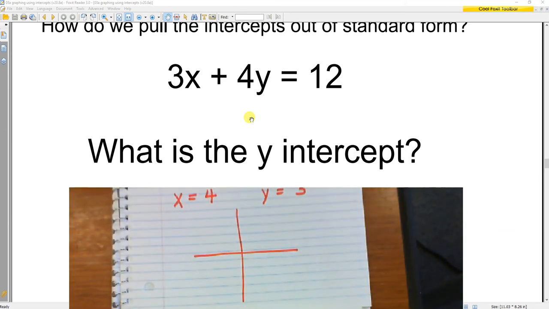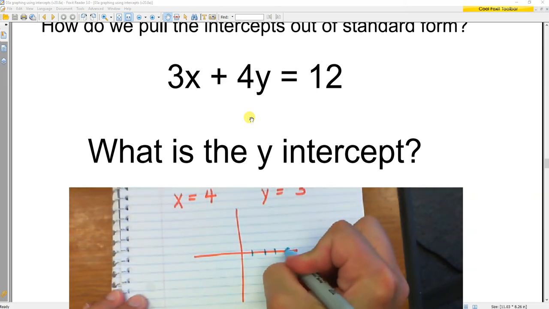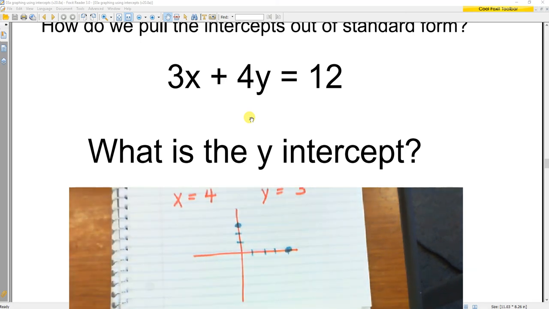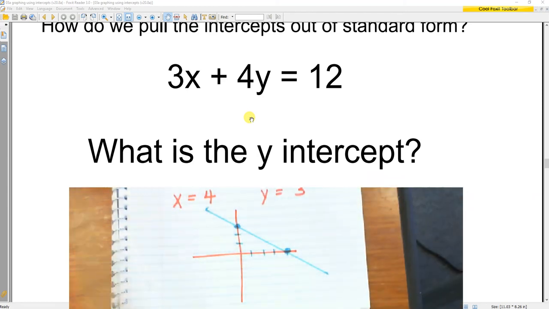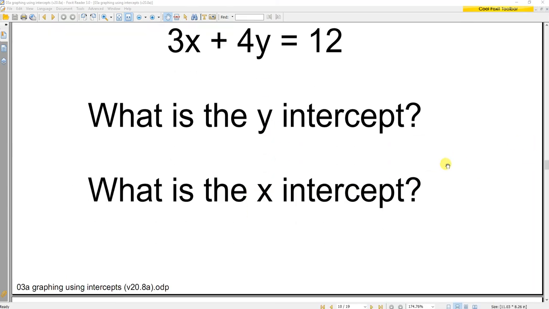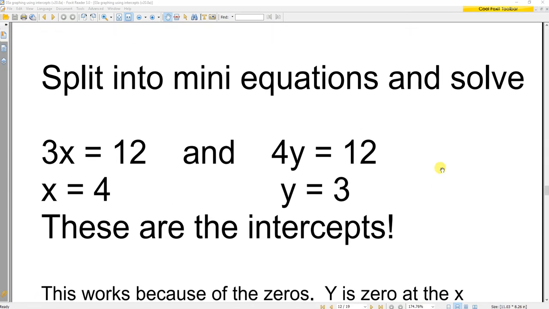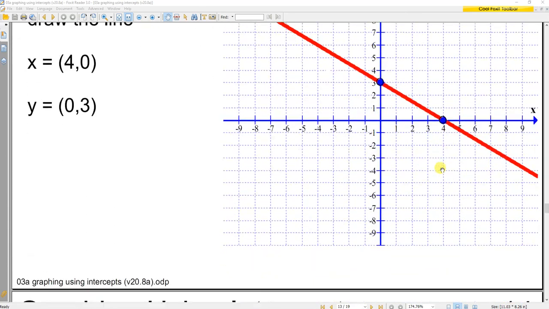The x-intercept is at 4. 1, 2, 3, 4. The y-intercept is at 3. And there is the line. I break it into two mini equations, and now I graph the equations, or the line, the intercepts.